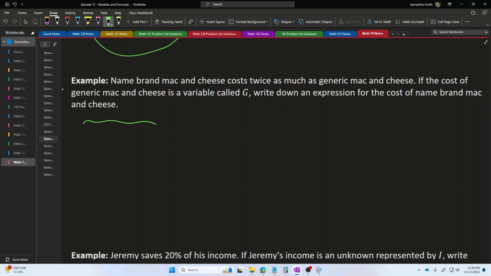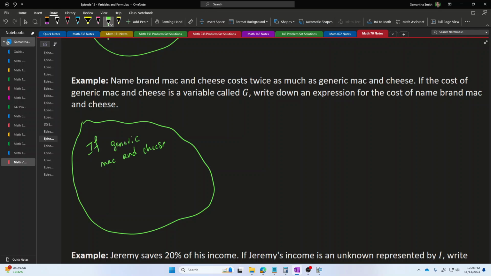Now, again, off to the side, let's just suppose for a minute that I knew the price of mac and cheese on a certain day. And let's suppose that the generic mac and cheese costs, let's just say $1 for the box.